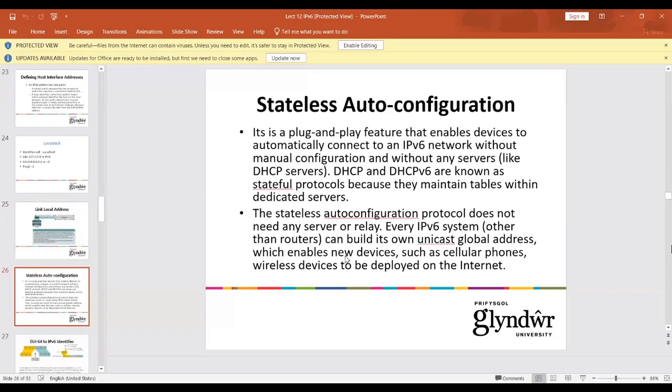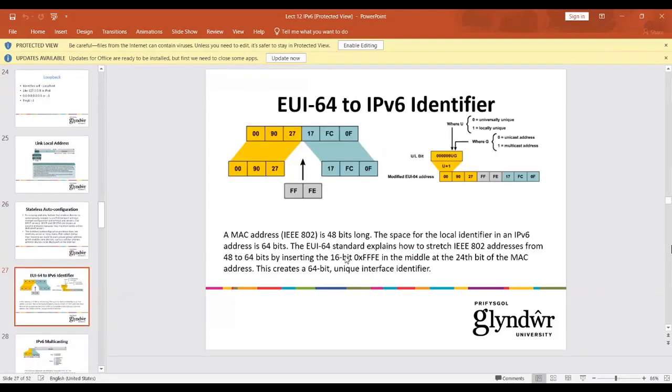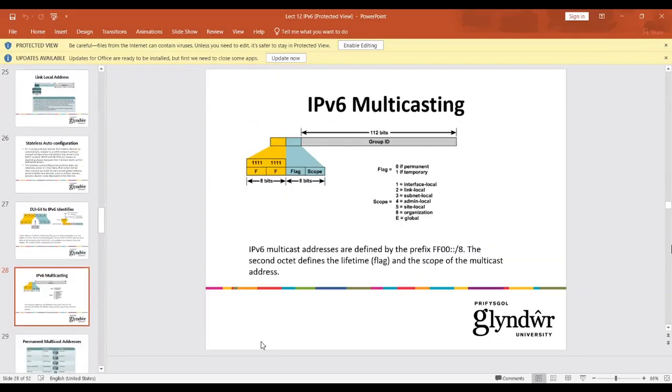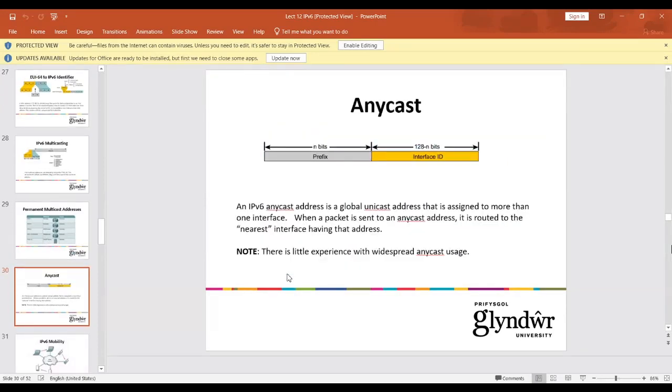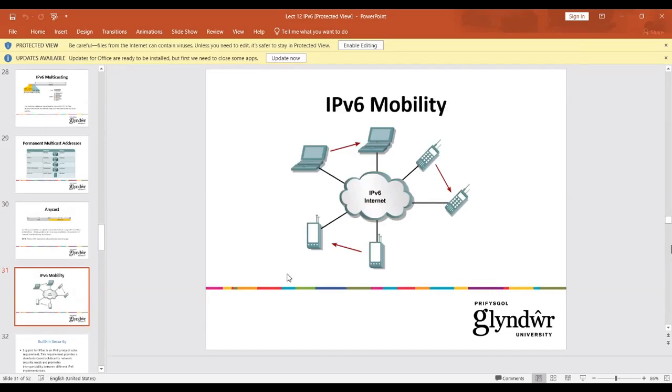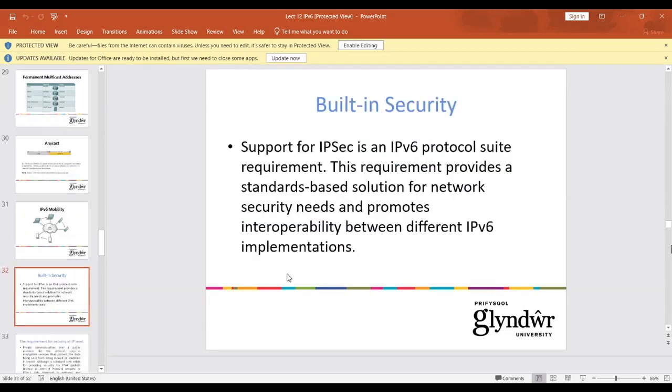The link local address I have explained, and auto configuration and how this sandwiching is happening, I also explained. These are some of the permanent multicast addresses, right? Multicast and IP version 6 mobility, and also the built-in security, that is IPsec, right?